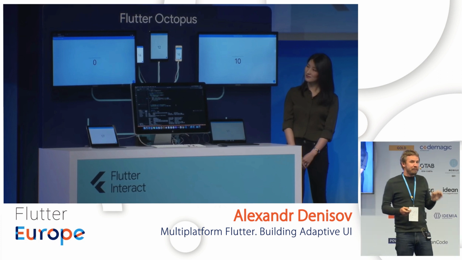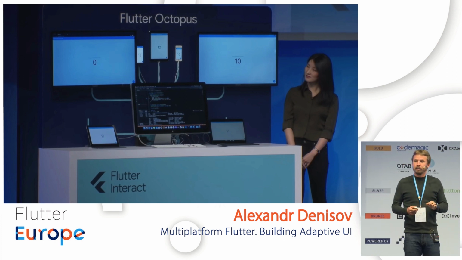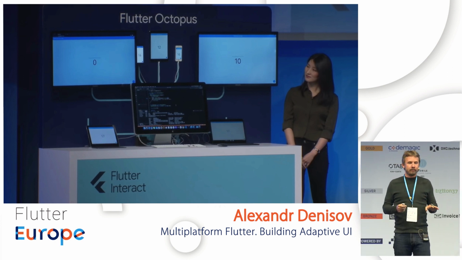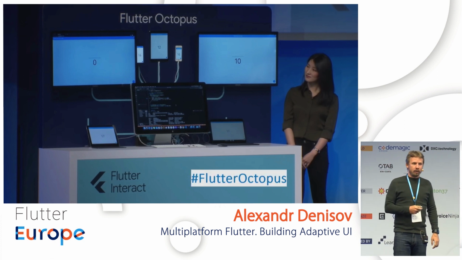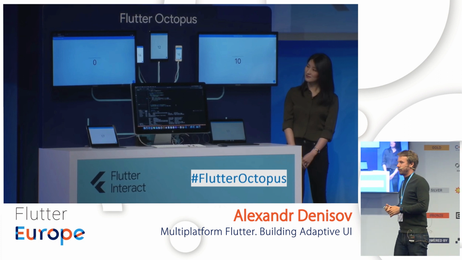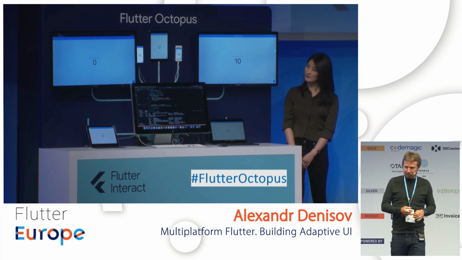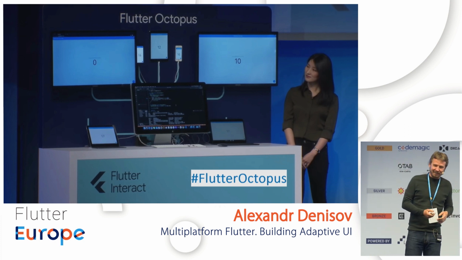Yes, really. And if you do it, immediately take a photo and upload it to social networks with the hashtag FlutterOctopus. Who knows? Maybe your octopus will be cooler than the original.